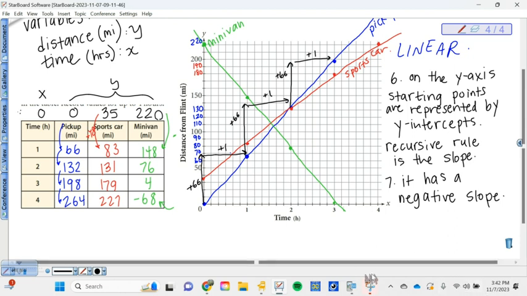All right, so step 8 says estimate where all 3 vehicles are when the minivan meets the first northbound vehicle. I'm going to check this in just a second. So I want you to tell me 3 things. Which car does the minivan meet first?